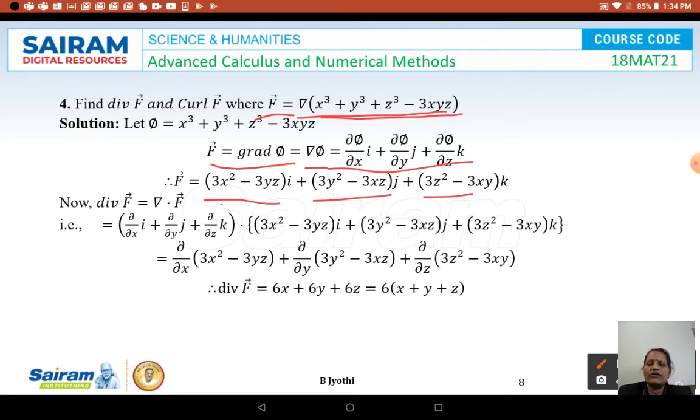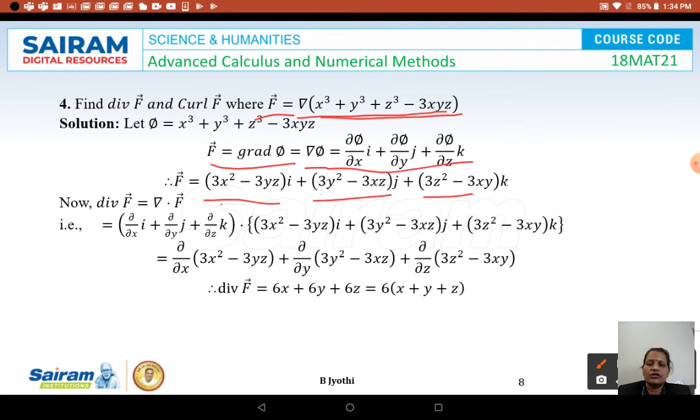Therefore div f is equal to del dot f. Let us take the dot product of del and f. So dou by dou x i plus dou by dou y j plus dou by dou z k is dotted with f, that is (3x² − 3yz) i + (3y² − 3xz) j + (3z² − 3xy) k.